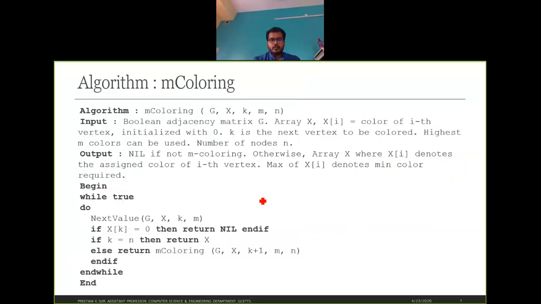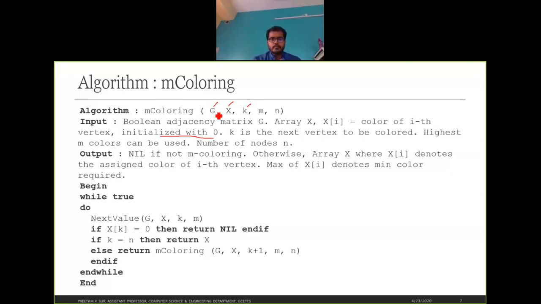Using that bounding function, we will use the m coloring algorithm, that is the backtracking algorithm, for checking whether we can color the graph with m colors. The backtracking algorithm takes the adjacency matrix C and the solution vector x. Initially this solution vector has all 0 values. The k means the kth node that we are recursively going to color.